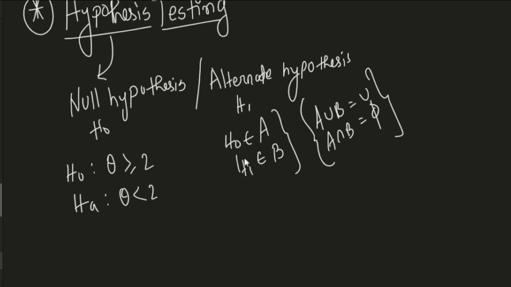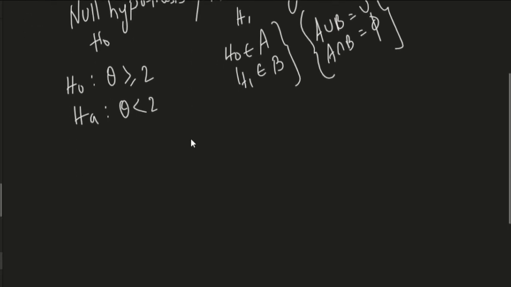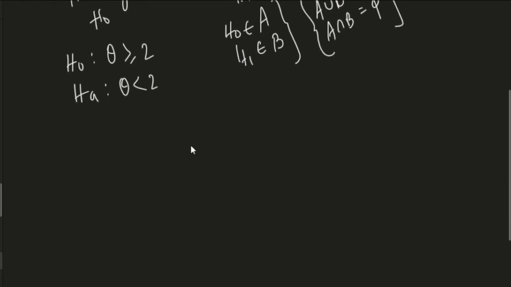Now, that being said, we can understand it from an example, and also understand the various terms involved, like type 1 error.